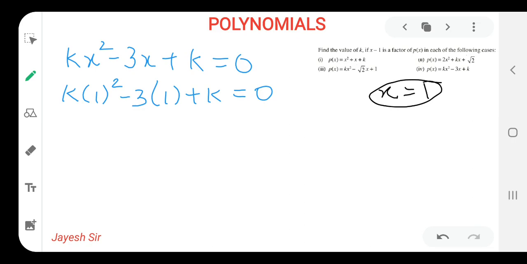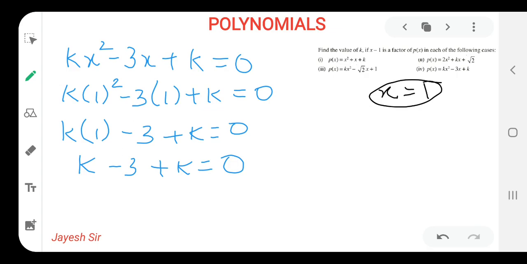Now the 1 square is 1, k as it is, 1 square means 1, and 3 ones are minus 3, and plus k as it is. So afterwards what we are supposed to do, k into 1, k ones are k, anything multiplied by 1 will give us the same answer only. Minus 3 plus k is equals to 0.